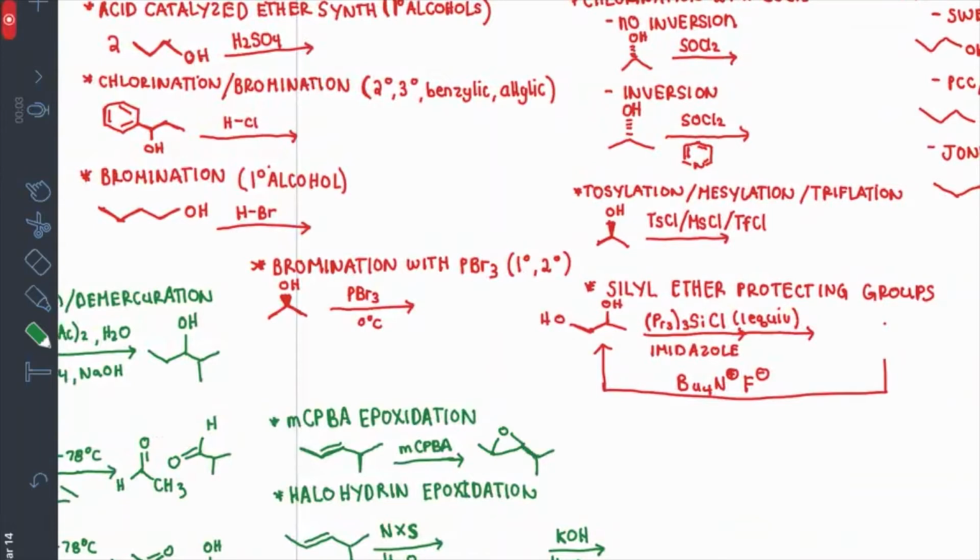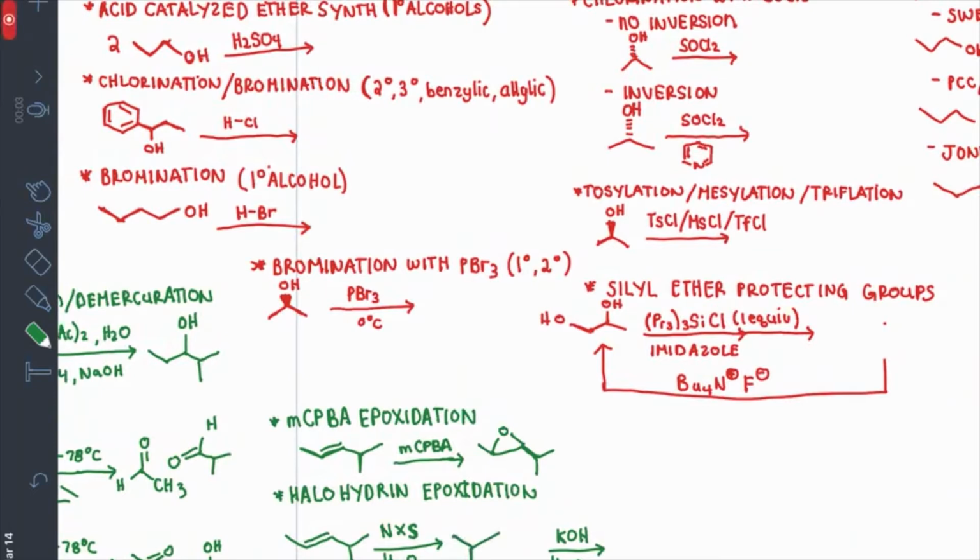Afterwards, we have halohydrin epoxidation. This is just a different, two-step way to make an epoxide. We start off with NXS. This could be NBS, NCS, or NIS, and essentially X is just a halogen. By doing that, we get a vicinal halohydrin.